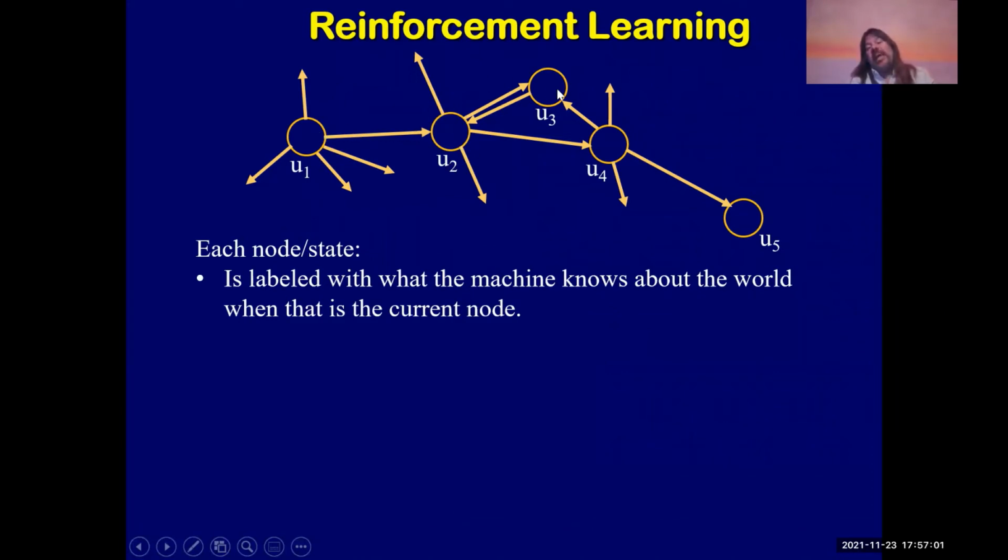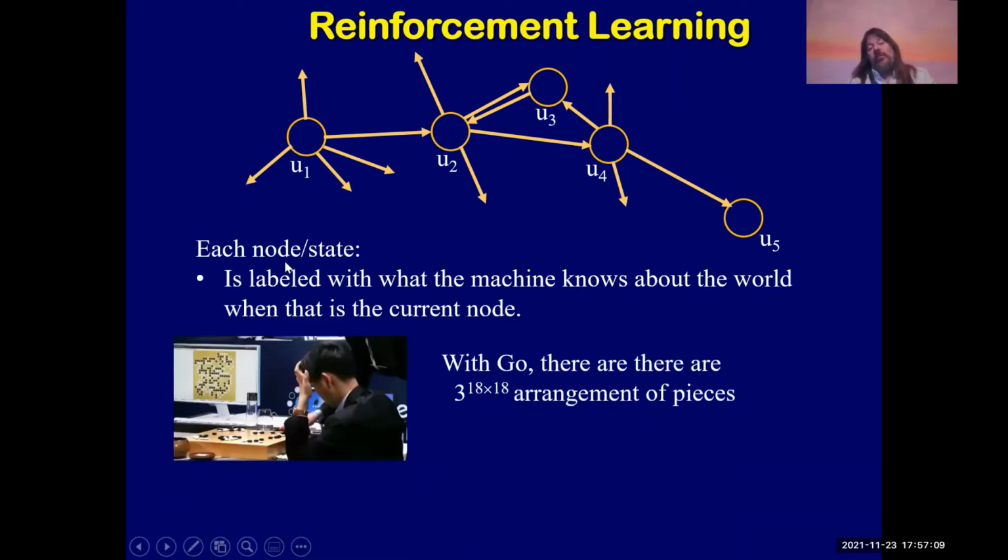You move from state to state as what you know about the world changes, or the world does change. So for example, this U value could tell you the location of all the pieces. When you're in here, the pieces are laid out one way, and when you move over to this state, the pieces are laid out some other way.